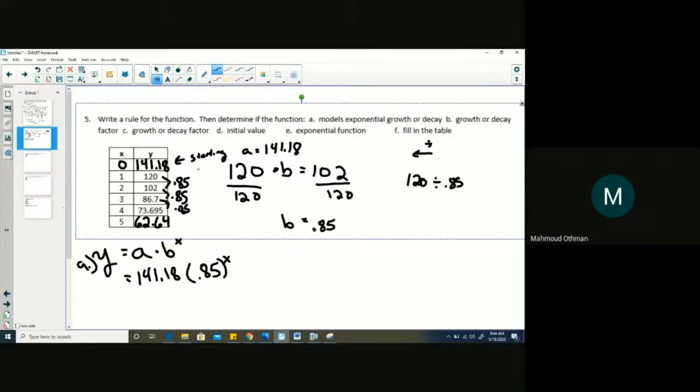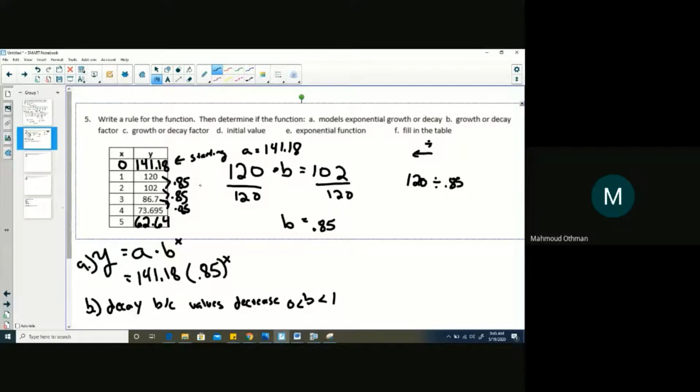I have two ways to look at it. This thing is a decay function because the values decrease, or get smaller. And the fact that b is less than 1 but greater than 0.